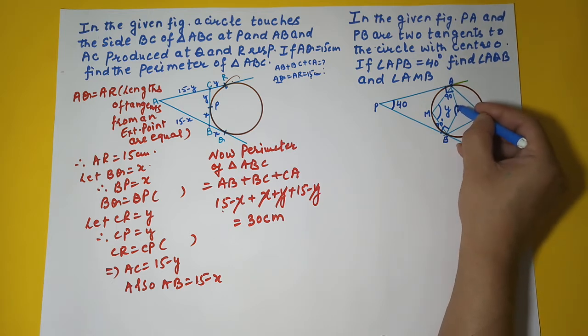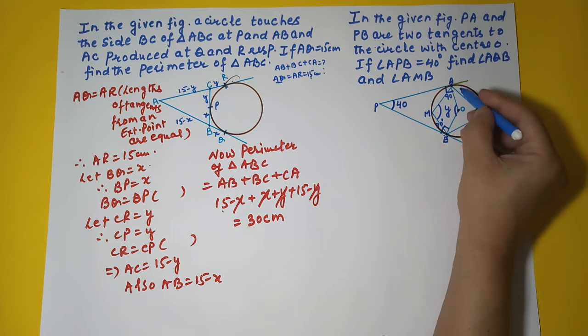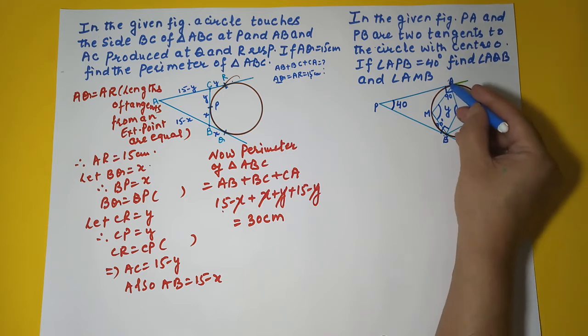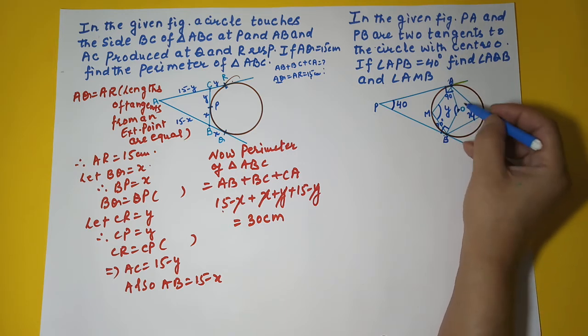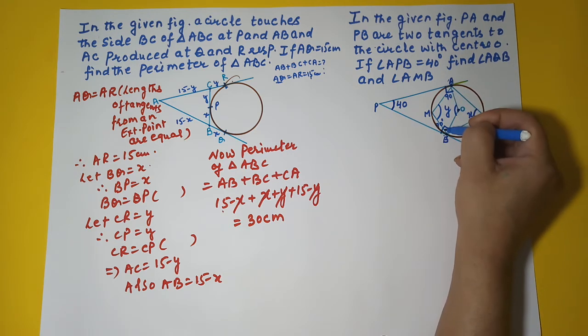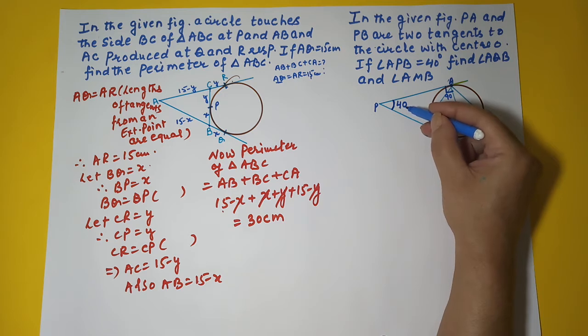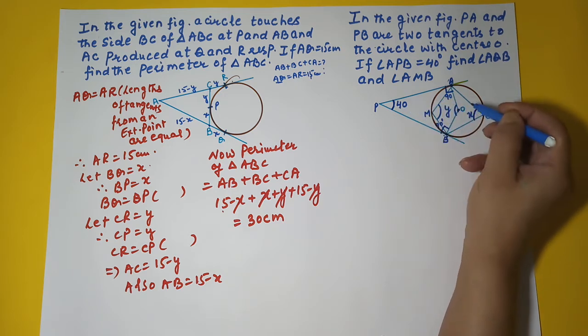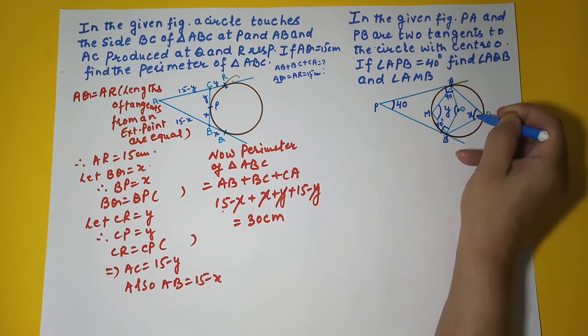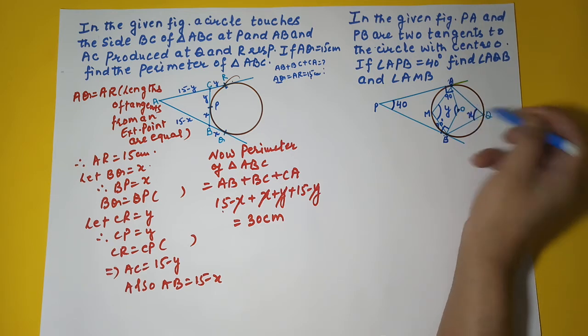Now, whatever will be your angle AOB, X will be half of that. Why? Because arc AB subtends angle AOB at the center and arc AB subtends angle AQB at the circumference. So, for example, we have here 180 plus 40 is 220, 360 minus 220 is 140. So, half of 140 is 70. So, you got X as 70.